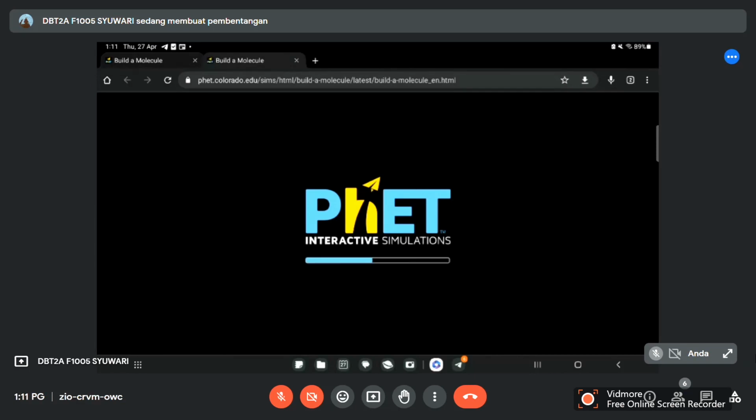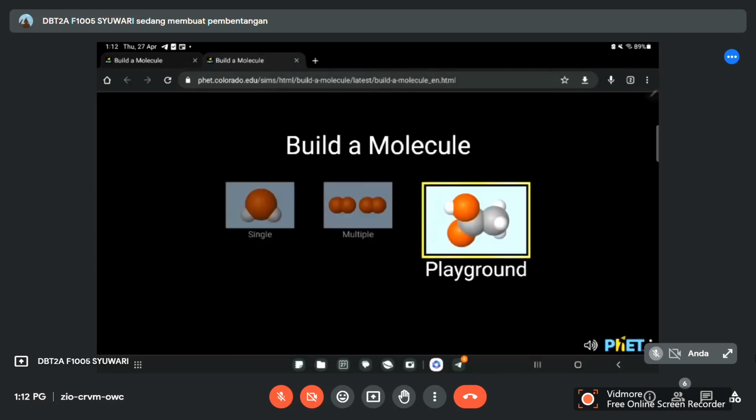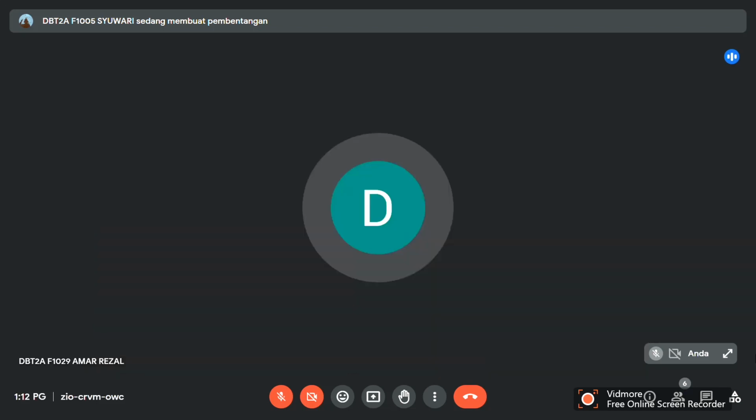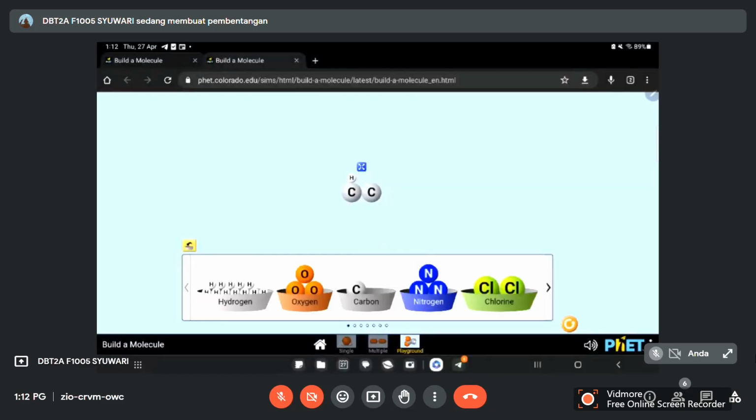Okay, what kind of atom should we use to build the ethene molecule? Two carbon and four hydrogen.